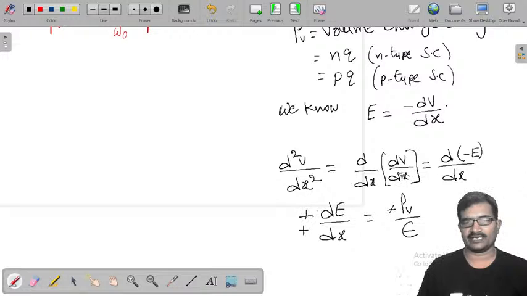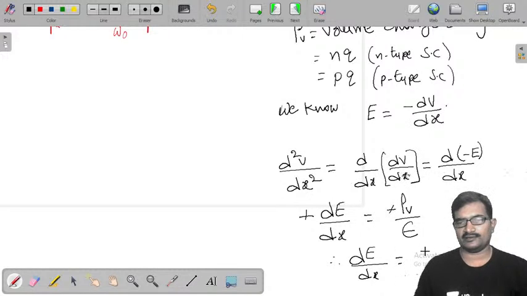This negative and negative get cancelled. Therefore, the final equation for electric field is dE by dx equals rho v by epsilon.